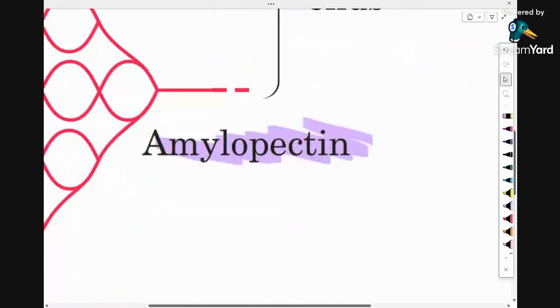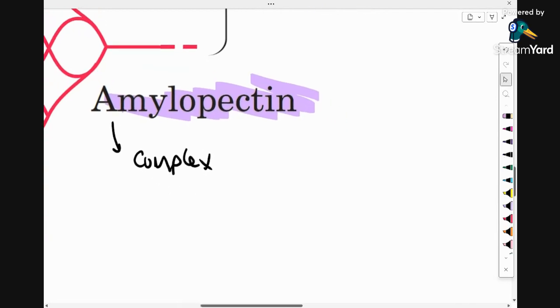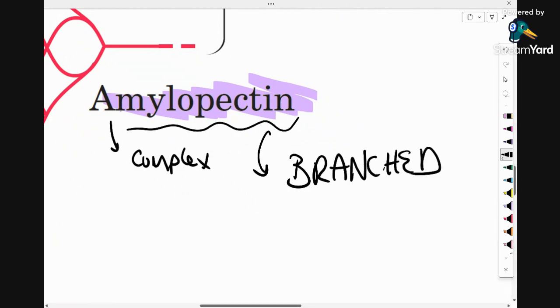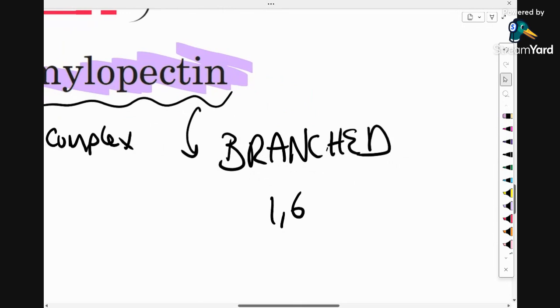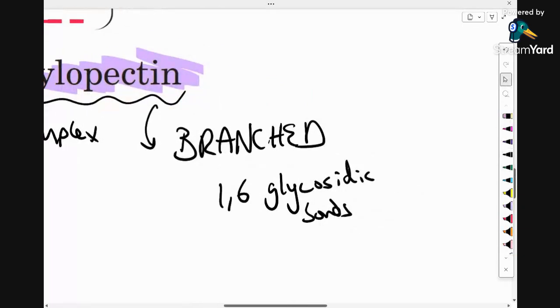For now, amylopectin is more complicated. It's a longer word and a complex molecule. Therefore, this is structurally similar to glycogen. It is branched, because we can form 1,6 glycosidic bonds. I'm not going to go through the reasons again.